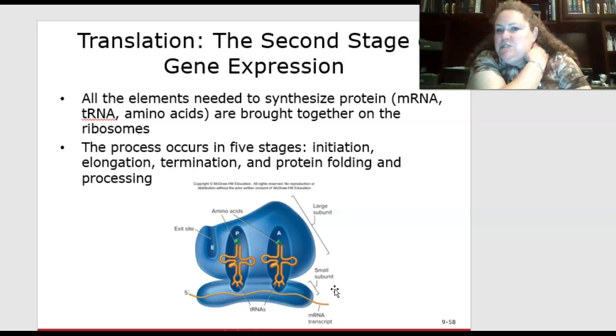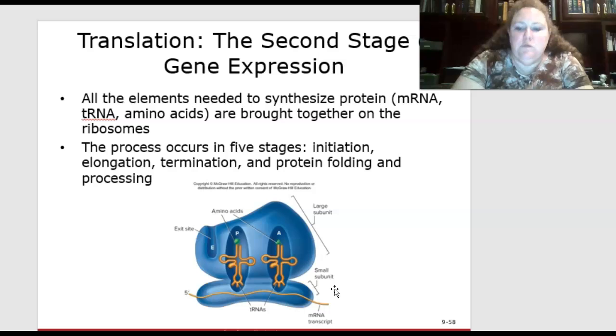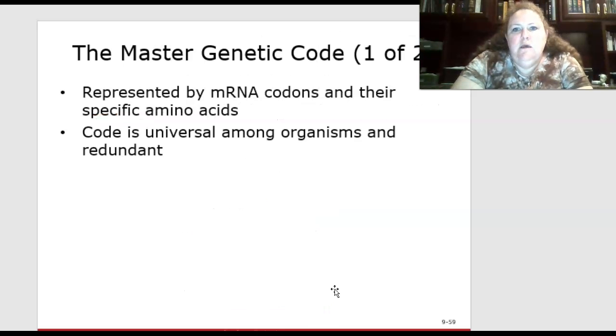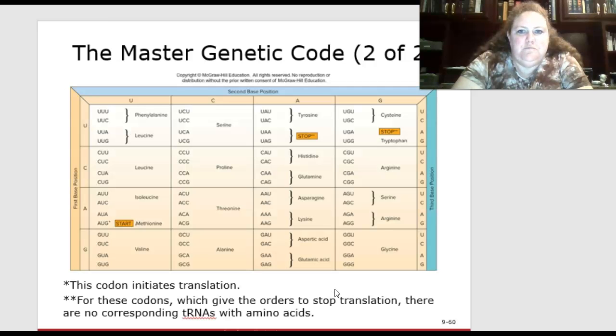You have the initiation or the starting, the elongation or growing, the termination or stopping, and then you have the protein folding and processing so that things can function properly. And the master genetic code is represented by mRNA codons and their specific amino acids. And this code is universal among organisms, and it is redundant.